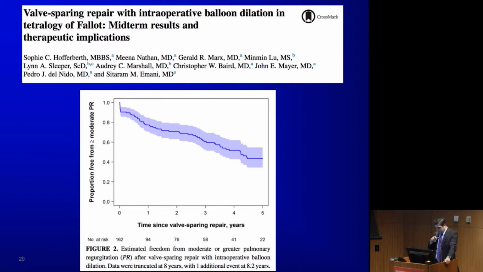So this here is the figure showing freedom from moderate or greater pulmonary regurgitation after the pulmonary valve sparing repair. And you can see, I think it was surprising how dramatically it decreased over time, up to 5 years.